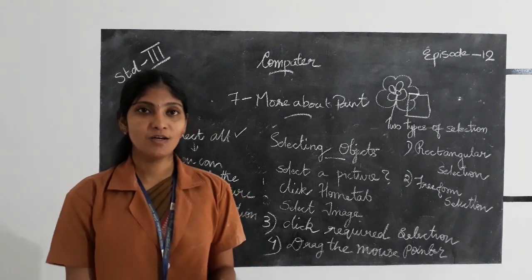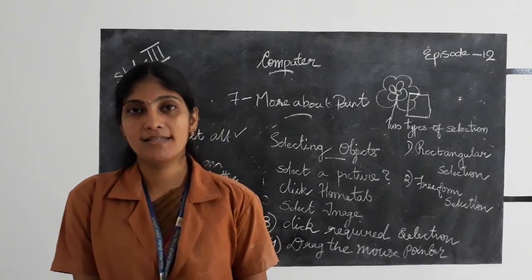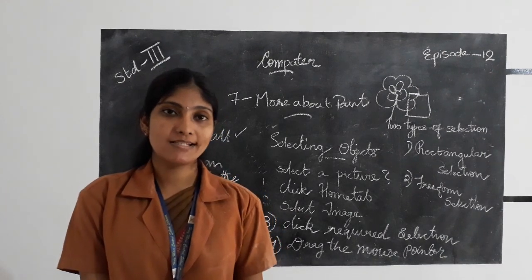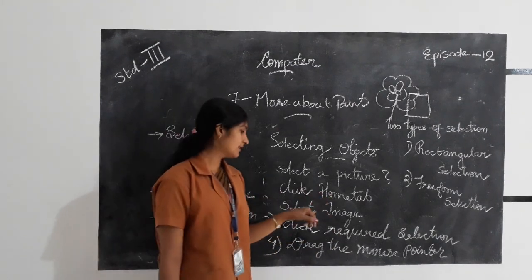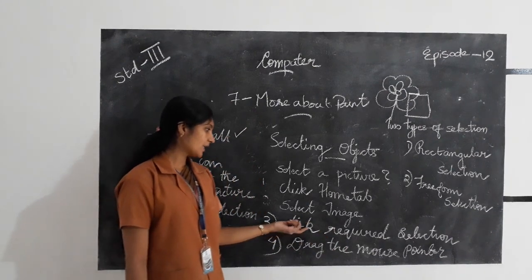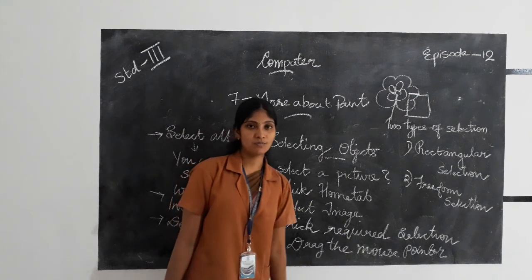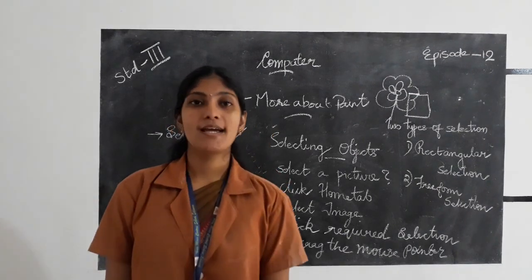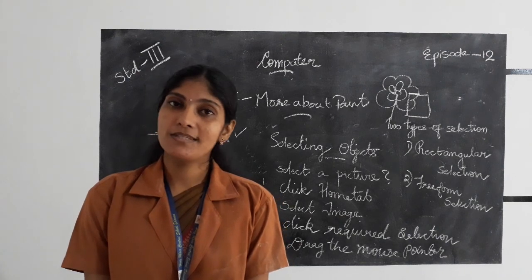So first we discussed selecting the options. So what are the steps for selecting a picture? First click home tab, second select image, and then click required selection, then drag the mouse pointer. So there are two types of selections, rectangular selection and freeform selection.